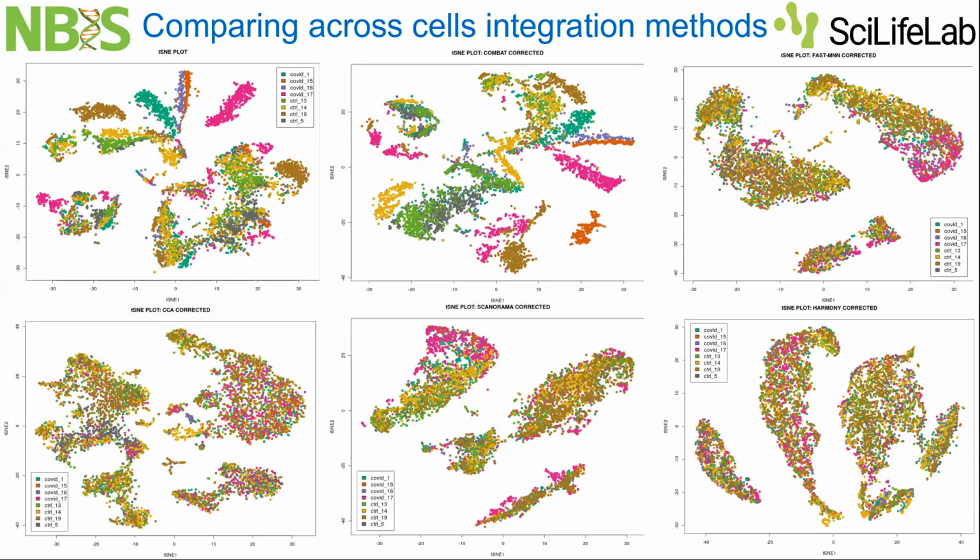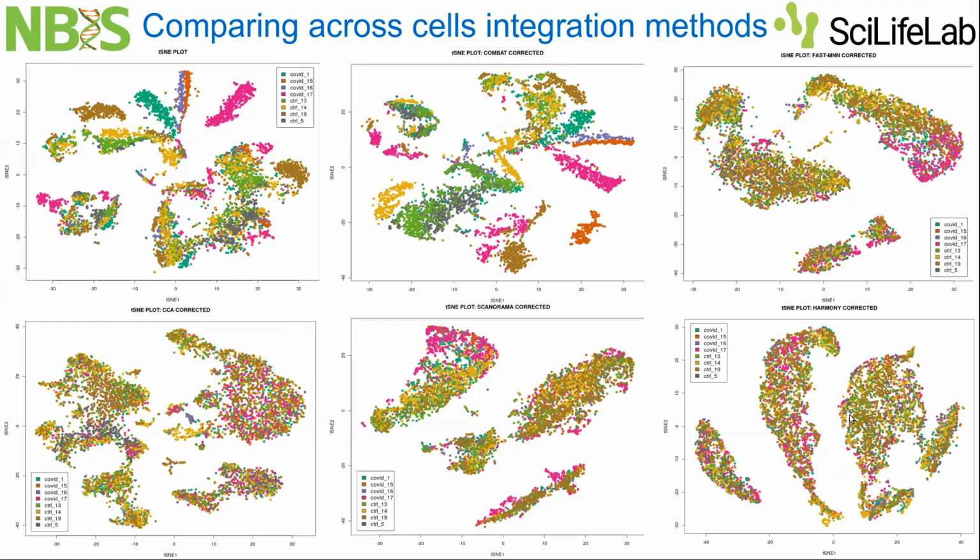So it doesn't do a good job here. You still get this pink cluster driven by a single batch. Other methods actually do a decent job: the single cell specific methods such as MNN, CCA, Scanorama, and especially Harmony.